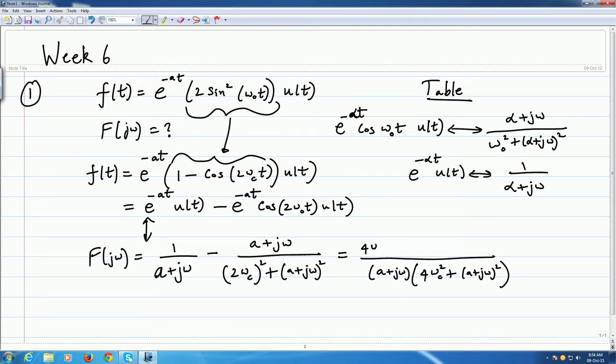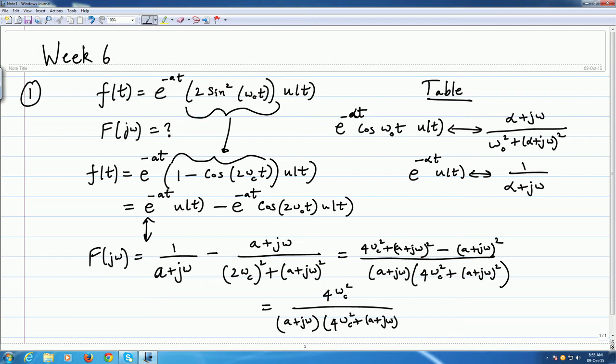You will get 4 omega c squared plus a plus j omega whole squared minus a plus j omega whole squared. Okay, so this will cancel and you end up getting the answer 4 omega c squared divided by a plus j omega times 4 omega c squared plus a plus j omega whole squared.